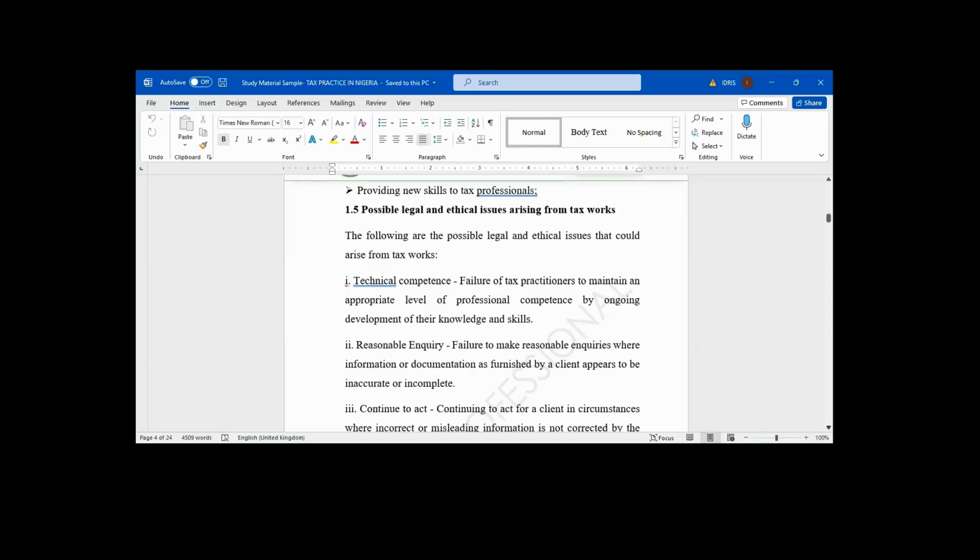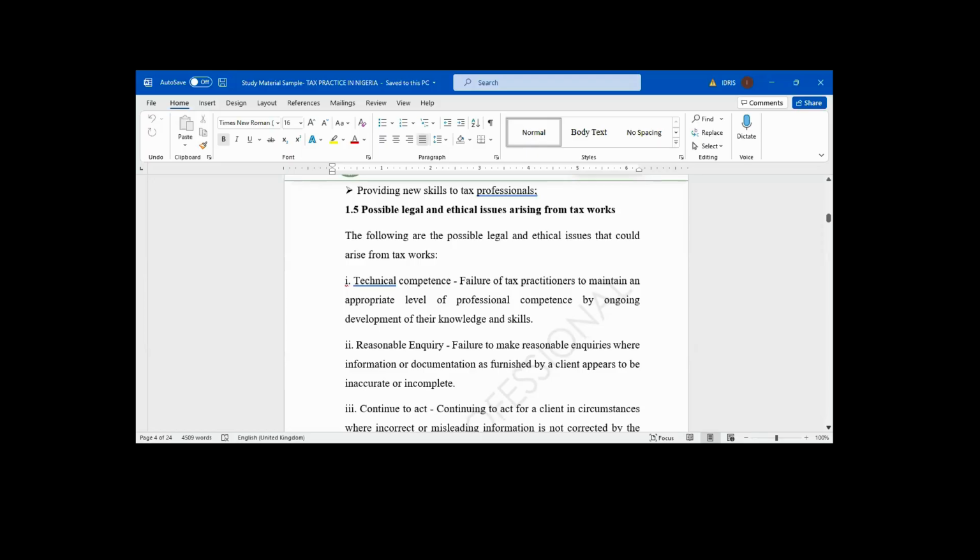The professional body on taxation, CITN, also has MCPE. When the new tax laws were signed, CITN organized several workshops, free for their members to attend every Thursday, where they discuss issues on the new tax laws and how those issues will be resolved. That is what is called technical competence.